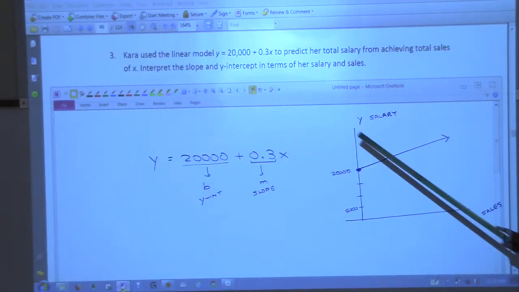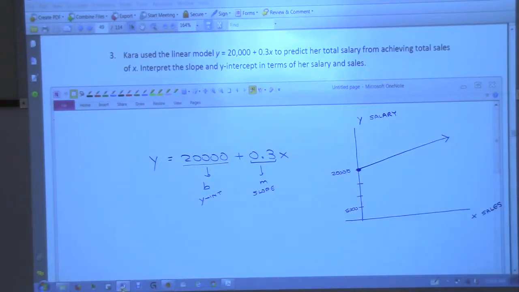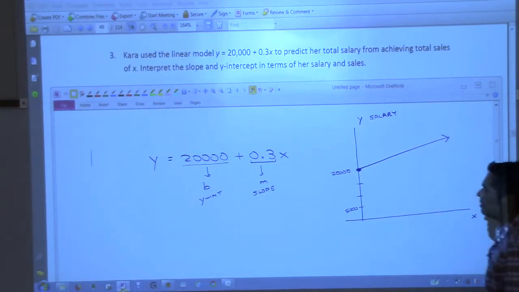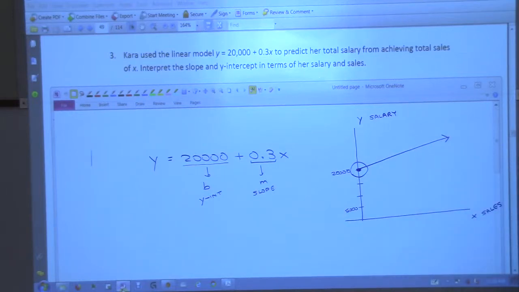So it says for us to interpret the slope and y-intercept in terms of her salary and sales. Can somebody explain to me what this y-intercept means? Just tell me about it in words. That's her salary if she had no sales, right?